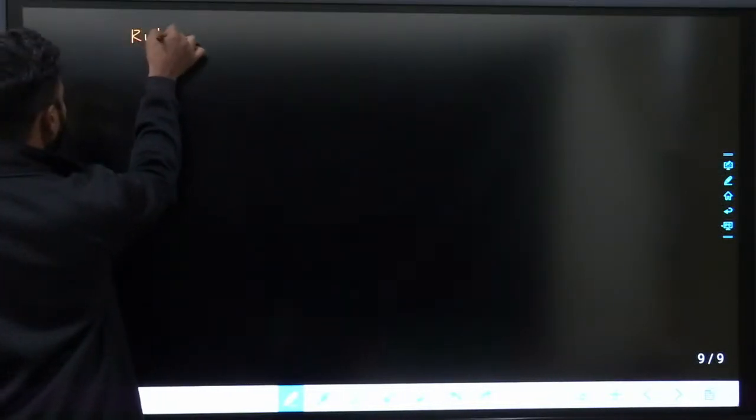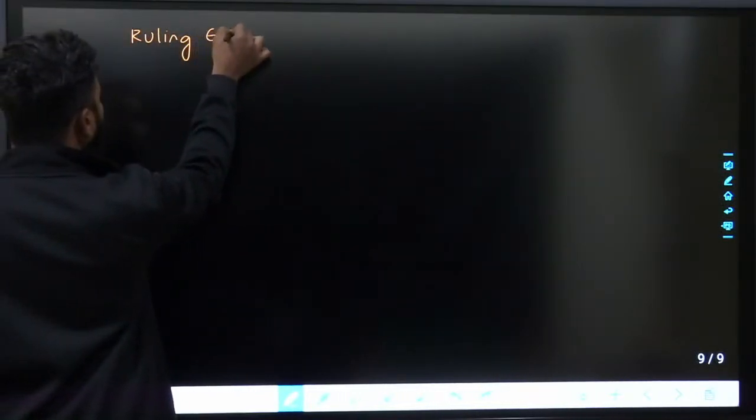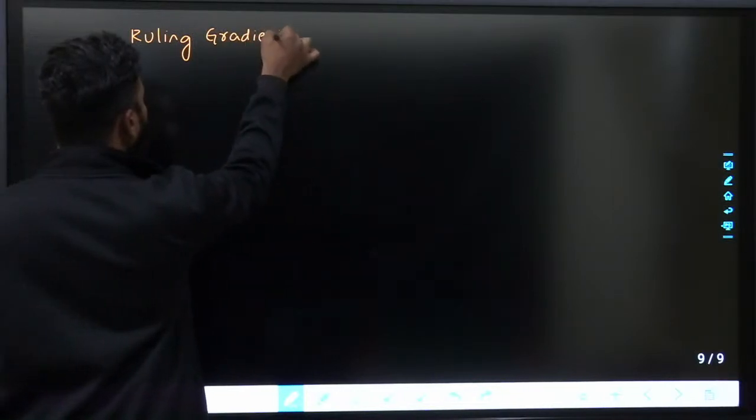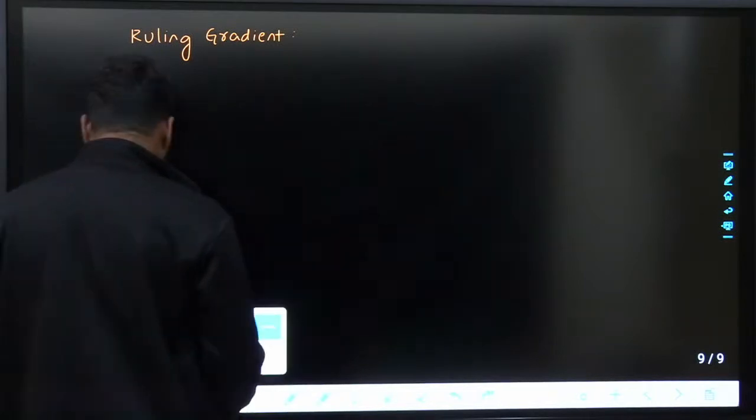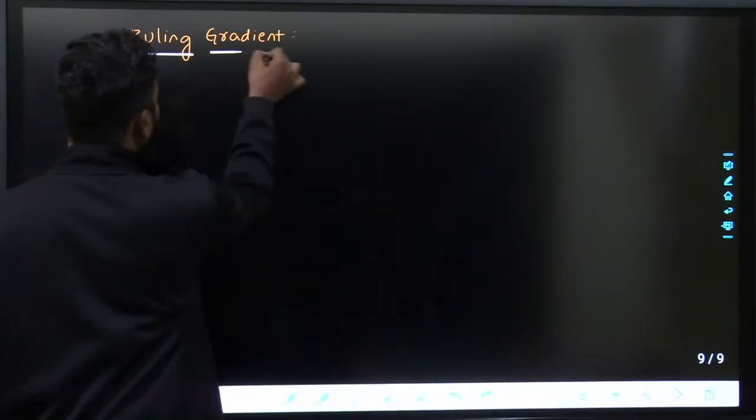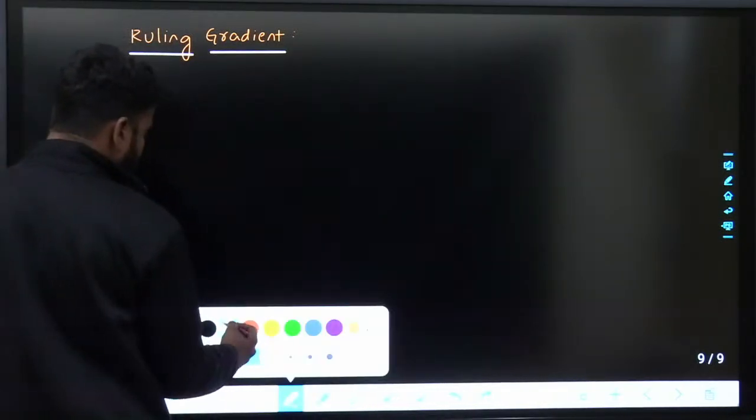In this gradient, there are many things. First one is the ruling gradient. Ruling gradient is also called design gradient.